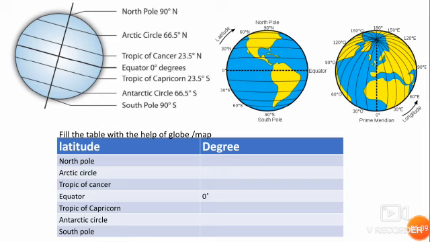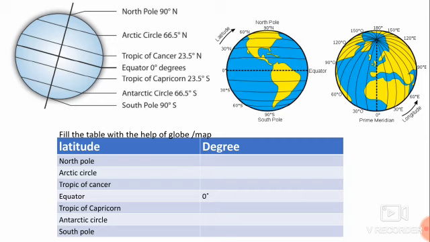The 90 degree latitude on the north is the North Pole and the 90 degree latitude on the south is the South Pole. There are 90 latitudes in the north and 90 latitudes in the south. All the latitudes are circles except the poles. The North Pole, the Arctic Circle and the Tropic of Cancer are the important latitudes in the northern hemisphere.